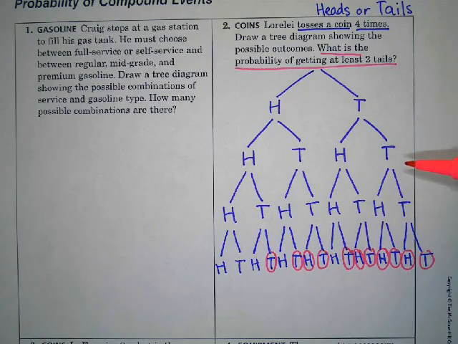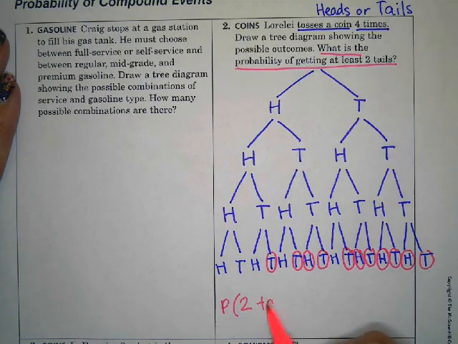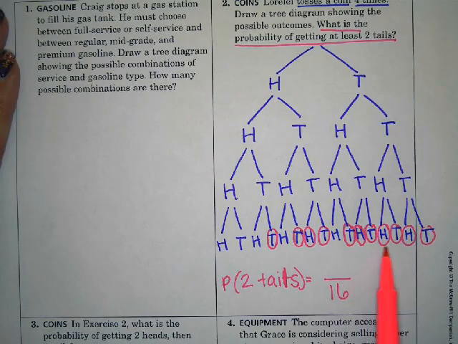So to write the probability, you have to know how many choices out of your total. So looking at our total outcomes, we have 1, 2, 3, 4, 5, 6, 7, 8, 9, 10, 11, 12, 13, 14, 15, 16. So the probability of at least 2 tails is out of 16, and then how many did we circle? 1, 2, 3, 4, 5, 6, 7, 8, 9, 10, 11.